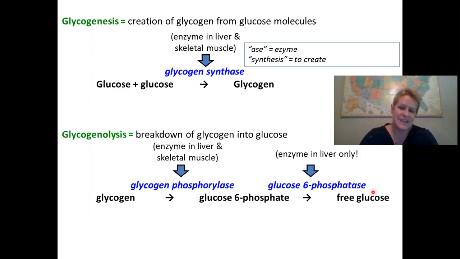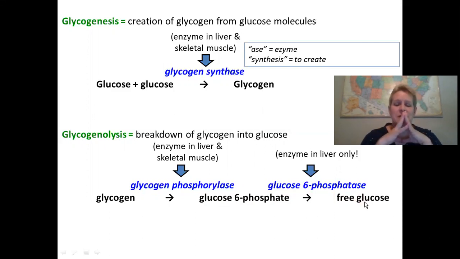So ASE is the enzyme, and the word in front of it is telling you what the enzyme is breaking down. It's glucose 6-phosphate. It's like the whole word, glucose 6-phosphate, but they cleaved off the E and call it glucose 6-phosphatase. So that's telling you this enzyme is breaking down glucose 6-phosphate into free glucose.